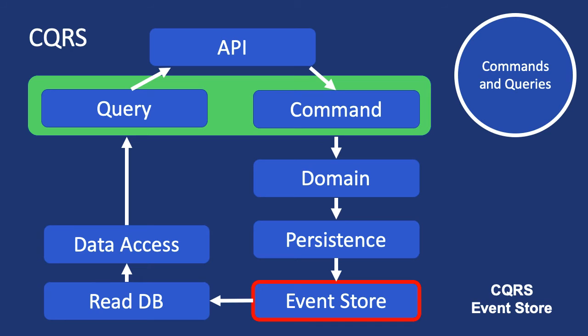This keeps track of the historical events that make up the current state of the application, and it uses a different persistence medium called an event store. As a command comes in and updates the domain and persistence, these are stored as events that can then be replayed in order to get the latest query from our read database. So our event store is going to play these events into our read database, so this is up to date. And this also introduces some complexity into the application.